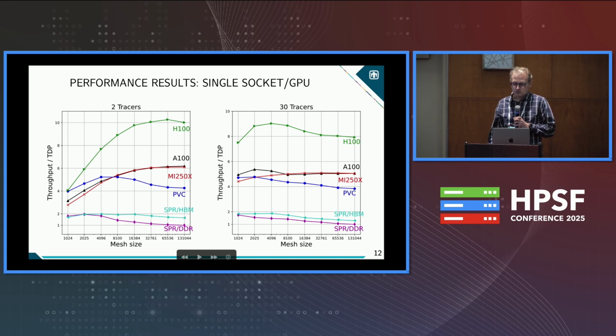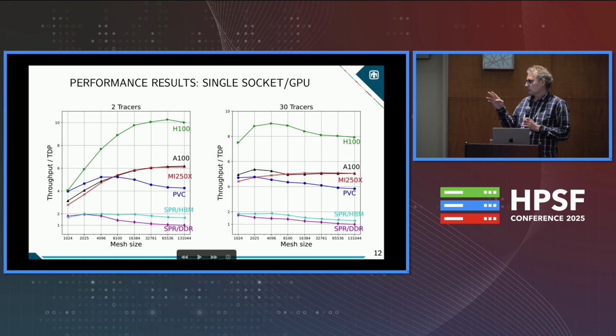So in general, what we observe is on CPUs, the best performance is for smaller mesh sizes as expected because of caches, basically. Oh, sorry, I should go over the architectures that are shown here. So from the bottom, it's Sapphire Rapids CPUs on Aurora.